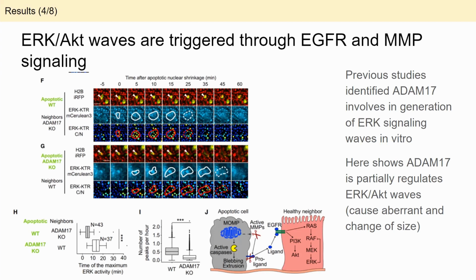So they want to test this also at the single-cell level, and the result shows that in the wild type versus the ADAM17 mutation, there is maybe a slight delay in the activity of the ERK or AKT wave, and maybe a change in the size. But it indicates that ADAM17 partially regulates the ERK or AKT wave.